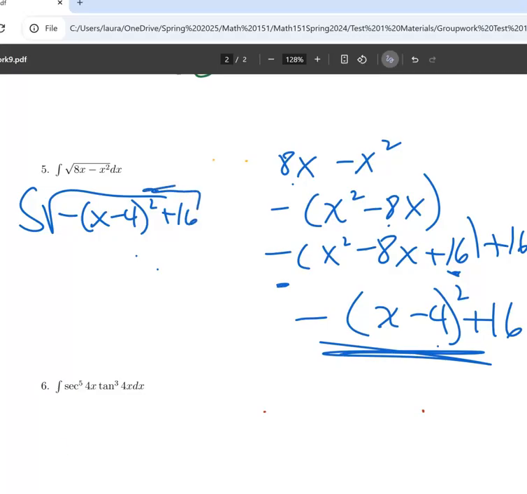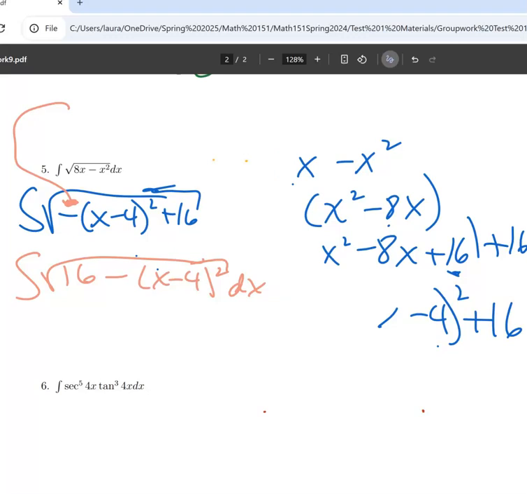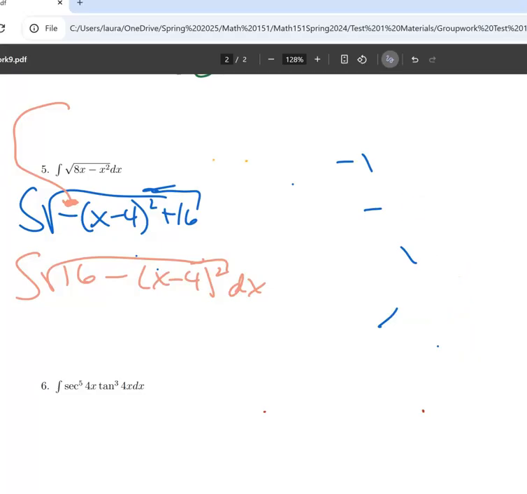Okay, so details here. Since you see this negative here, I want you to rewrite it so the negative goes between the terms. So first off, do that. Then I want you to do an easy u substitution. It'll make it cleaner and you'll more easily recognize what trig substitution to do.